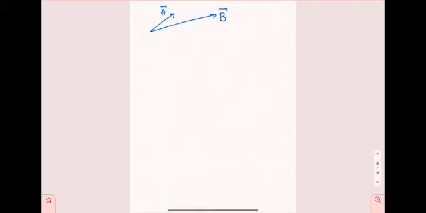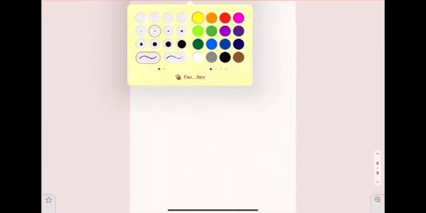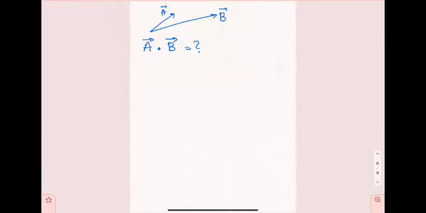So in other terms, we want to say vector A dot product vector B. So first thing we can say already here is that these two vectors make some angle together.